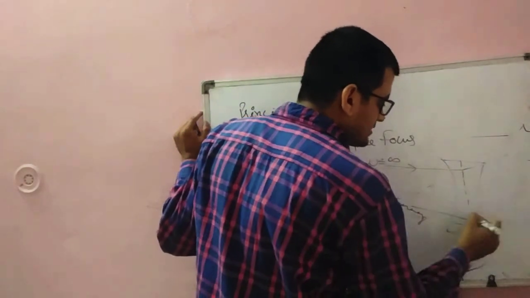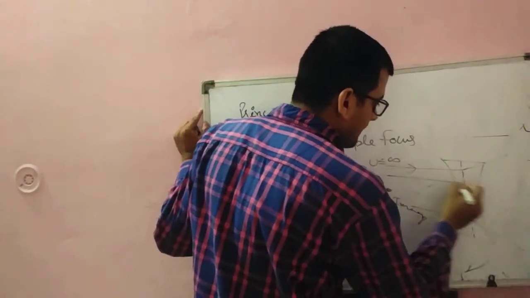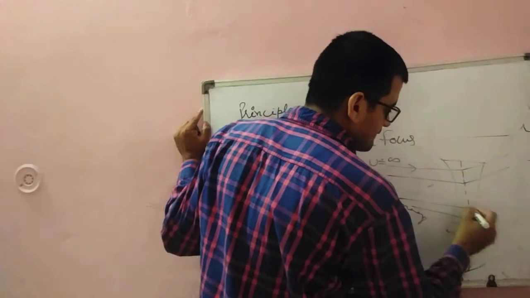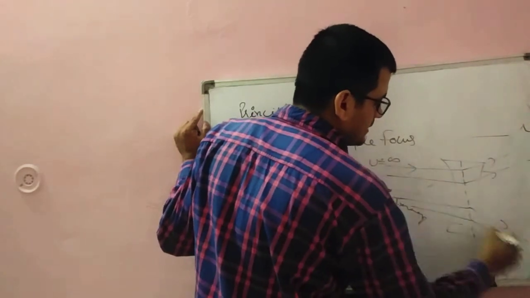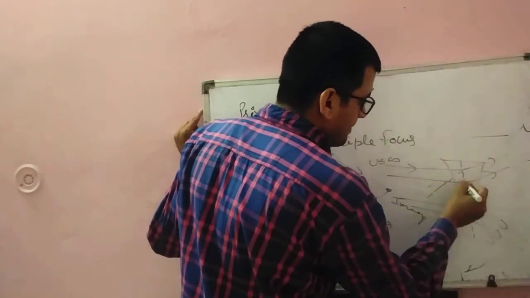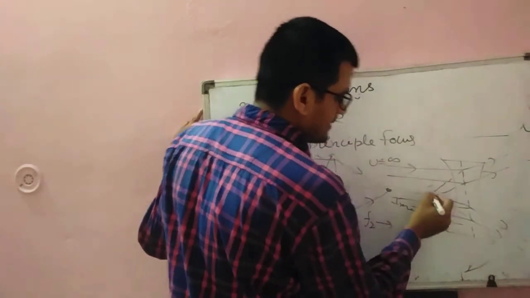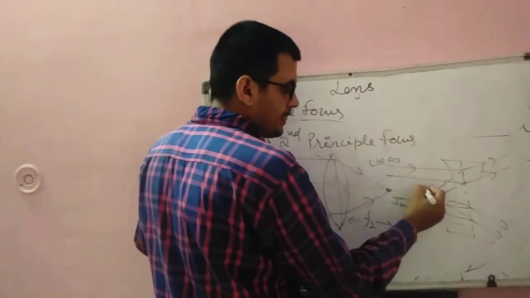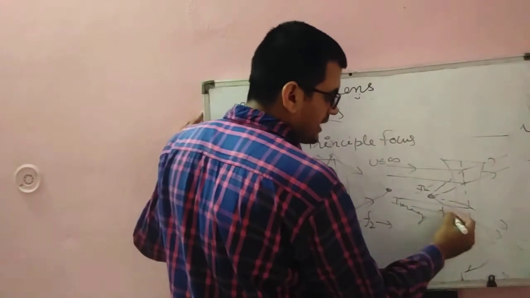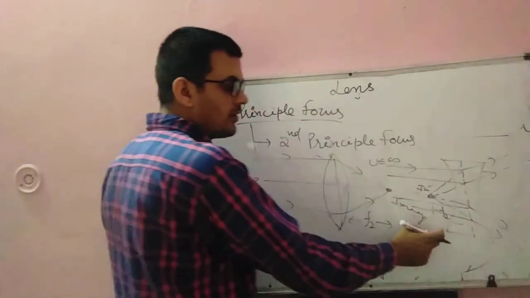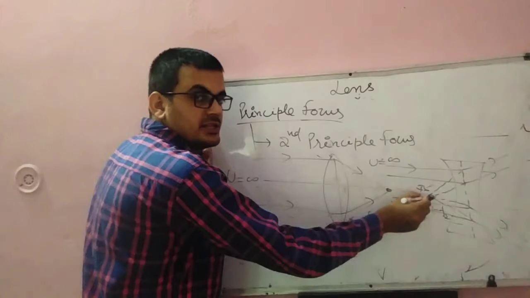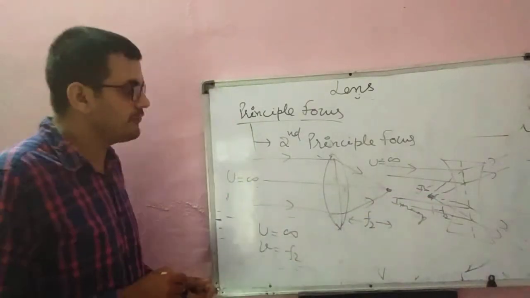After the refraction, these rays will move like this. So this is the image. This is called second principal focus for concave lens. This point is called second principal focus.